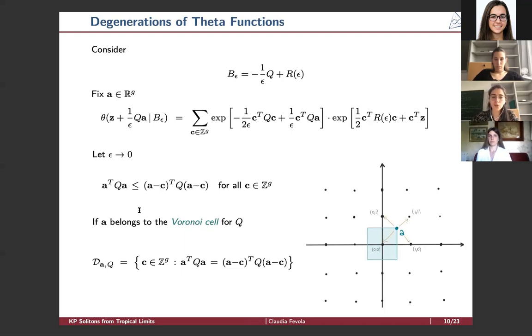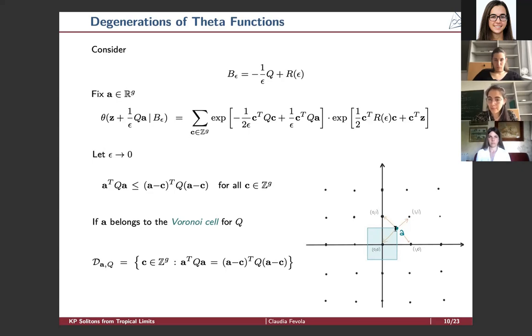And so to do that, we take A to be in the Voronoi cell of Q, which means that A needs to verify this inequality. So for example, if we take the matrix induced by Q, which is just the identity matrix, this will be the Voronoi cell.